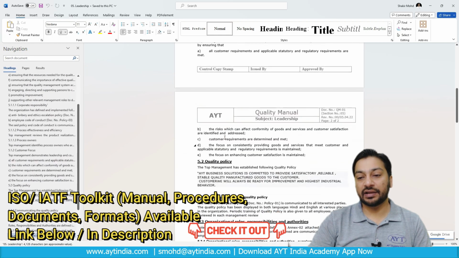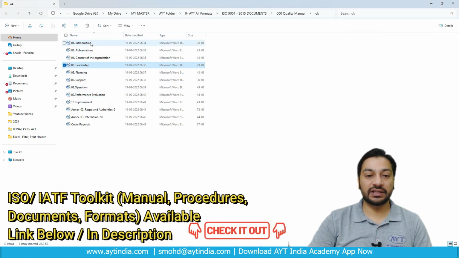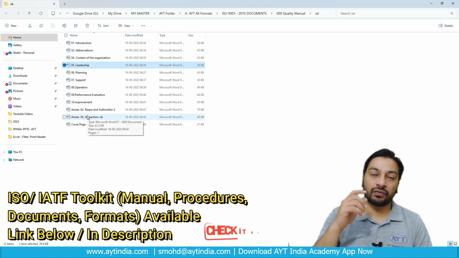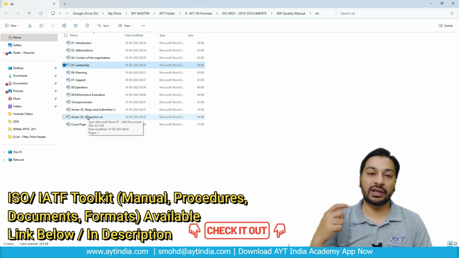You are seeing here that these are the clauses according to the ISO, the 10 clauses, put here. When you club it into a book, it becomes our quality system manual, which for us is the level 1 document.